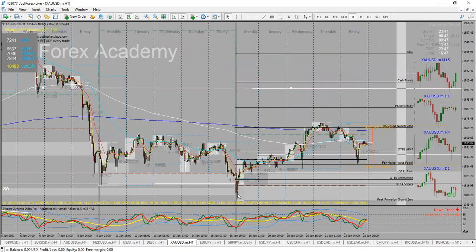They will come to test these zones for this week. I'll be expecting them to come here, then go here. Guys, I hope you understand how I analyze these 8 pairs that I have shared.